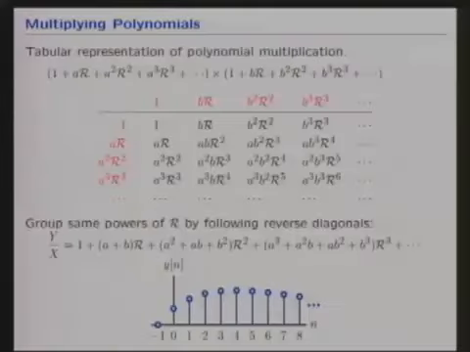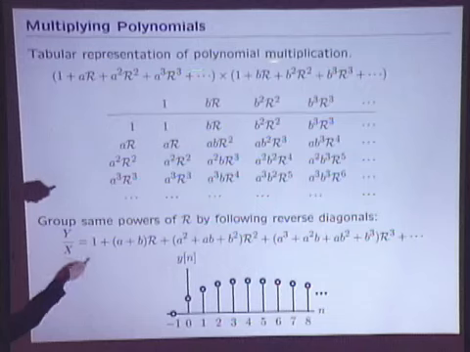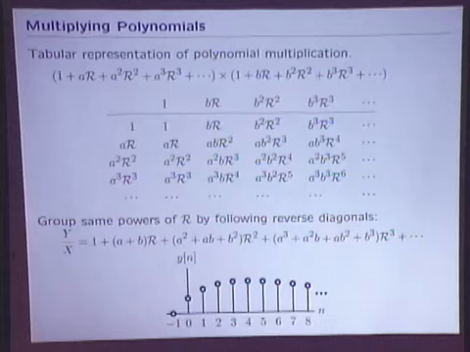Alternatively, you could represent it in a table. So if you think about multiplying these 2 polynomials, where I've represented the first pole as A and the second pole as B, you can think about polynomial multiplication in a tabular form. So you have to think about the distributive property. The 1 distributes over all of these, then the A distributes over all, the AR distributes over all of these, then the A squared R squared distributes over all of these.